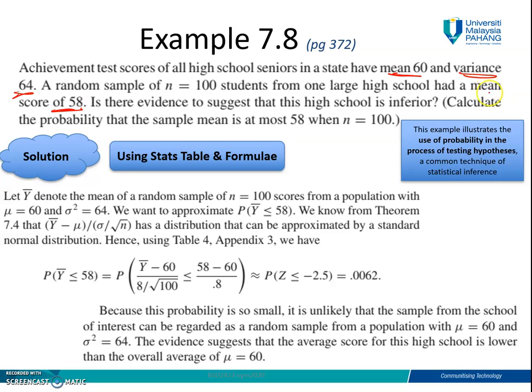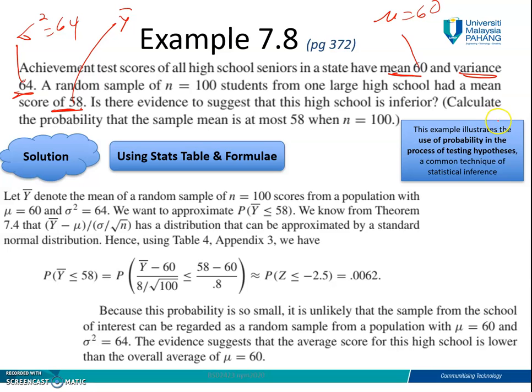So this comes from 100, and here will be your Y bar, or X bar. In this case, Y bar. Your mu is equal to 60 and your variance is equal to 64.